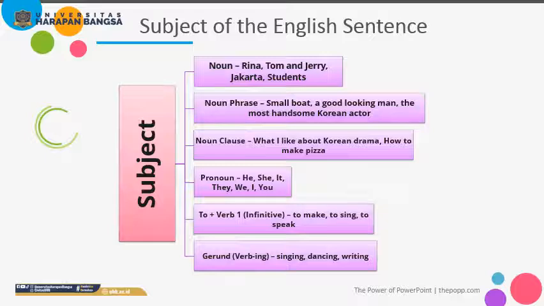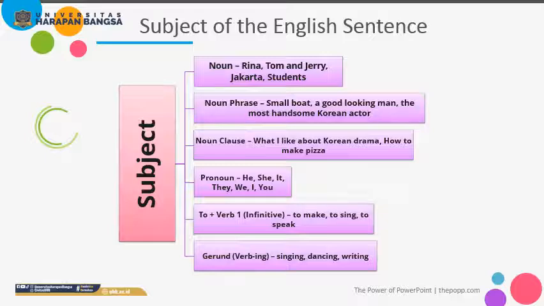But actually, it only functions as the subject. What I like about Korean drama is the handsome actors. The verb that we have is, while the subject is what I like about Korean drama.